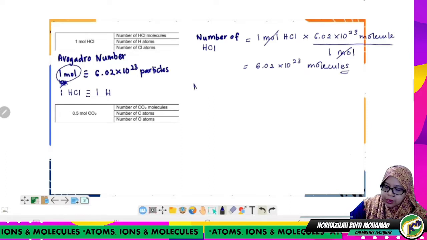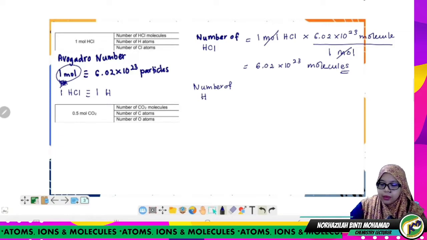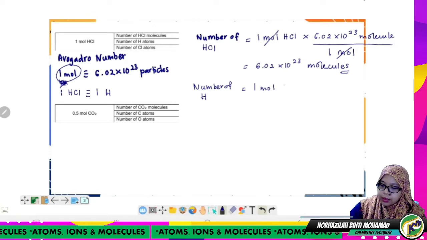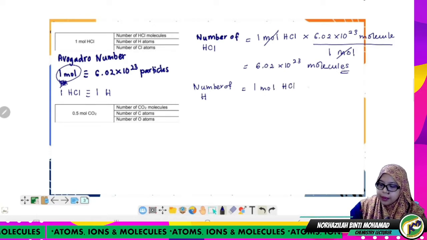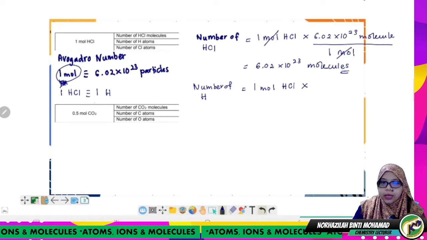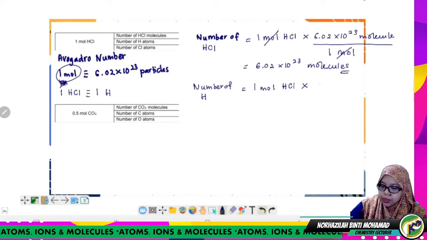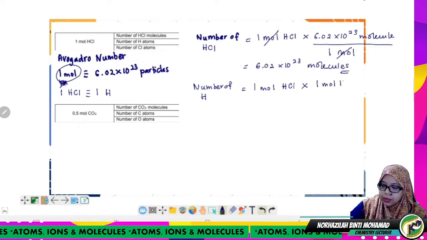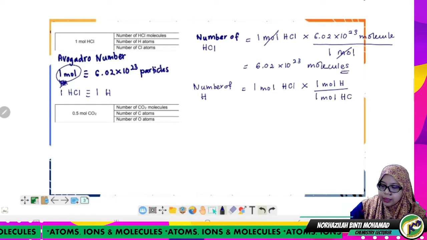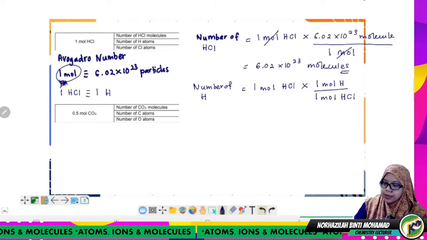For the number of hydrogen, we write 1 mole HCl times, we need to calculate the mole of hydrogen first. 1 mole hydrogen should be at the top and 1 mole HCl at the bottom, because we want to cancel the unit mole HCl.